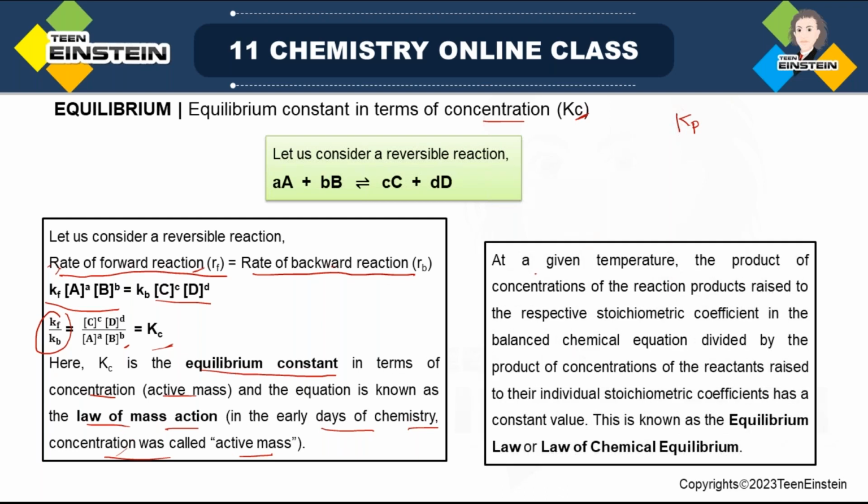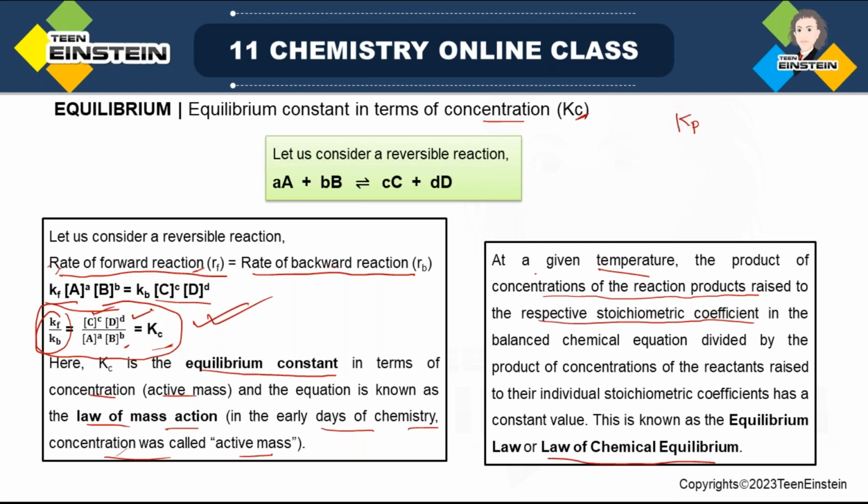Next, some more information we have to know: this equation that you are seeing here, how you can state it. You can also call it the law of chemical equilibrium or equilibrium law. And how we can state this equation is like this: at a given temperature, the product of concentrations of the reaction products raised to the respective stoichiometric coefficient.